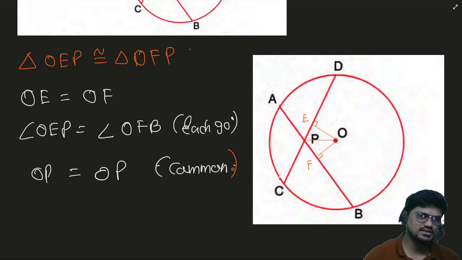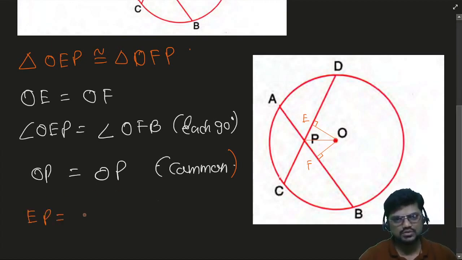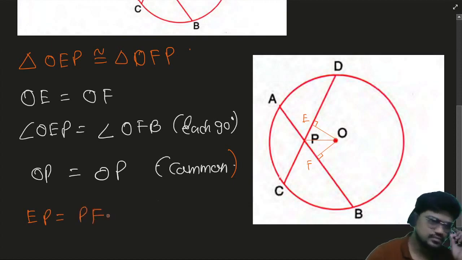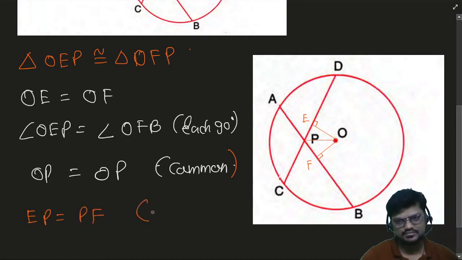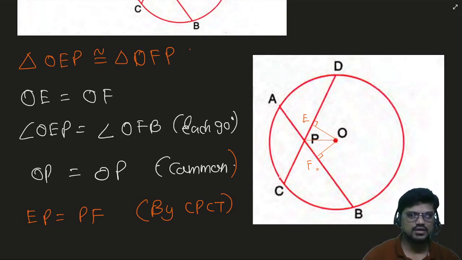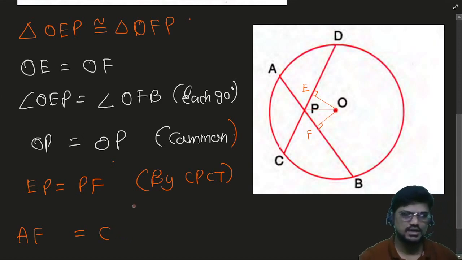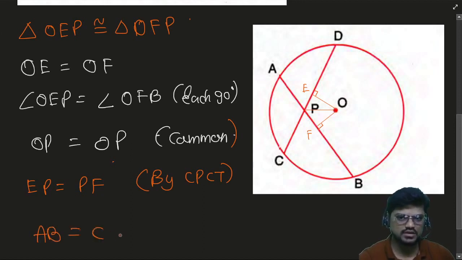Once you prove that the two triangles are congruent, then what can you say? That is EP is equal to PF by CPCT. Now, if EP is equal to PF by CPCT, what do you need to prove in this? AF is equal to CE. I know that AB is equal to CD, given.